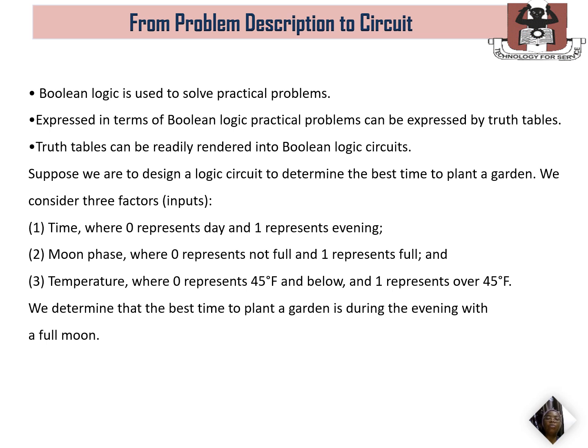Then the moon is 0 when the moon is not full, and 1 when it is full. Temperature is 0 for 45 degrees Fahrenheit and below, while 1 represents over 45 degrees Fahrenheit.